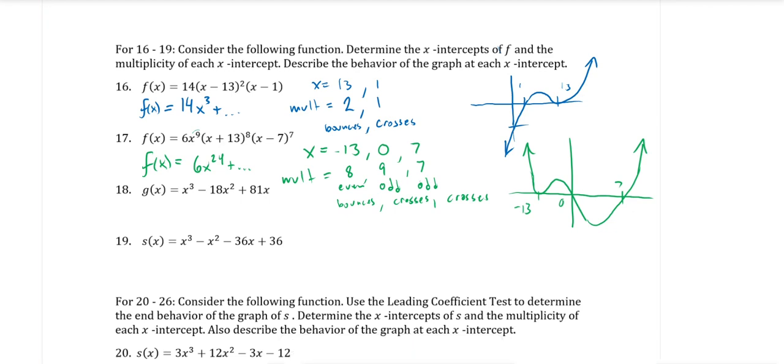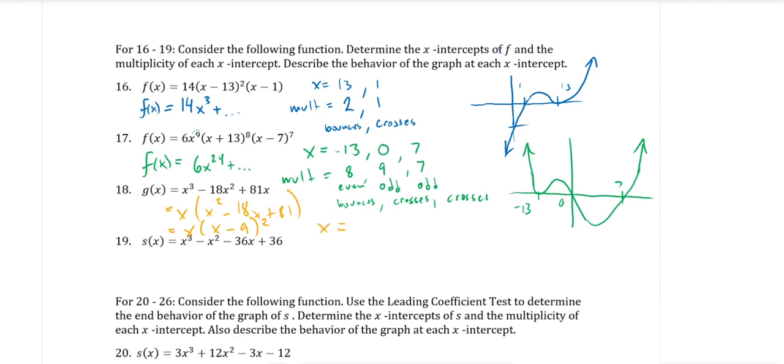With the next one, we're going to have to factor in order to see what the zeros are. So the first thing I would do here is I would pull out an x, leaving x squared minus 18x plus 81. I know 81 is a square, and the inside is twice its root. So this gives me x minus 9 squared, the perfect square trinomial formula.